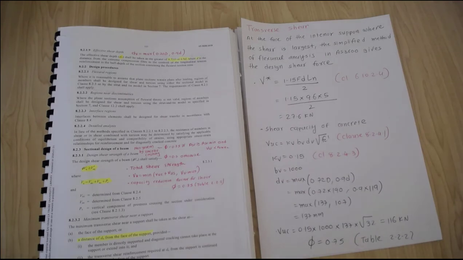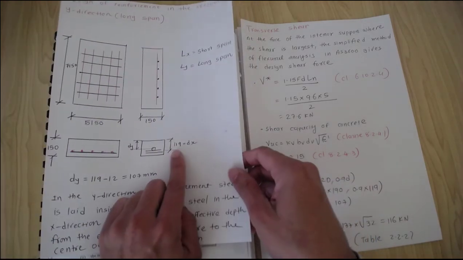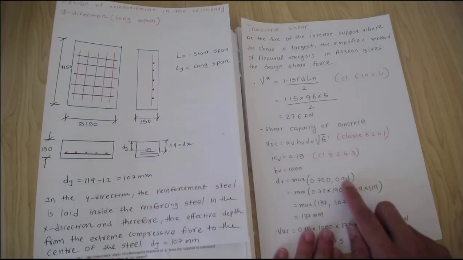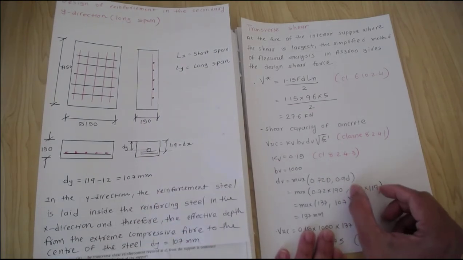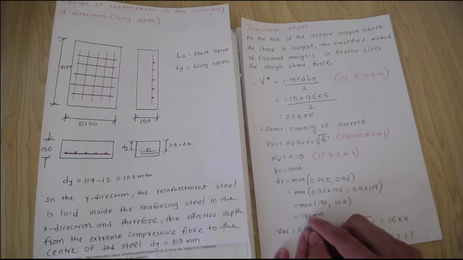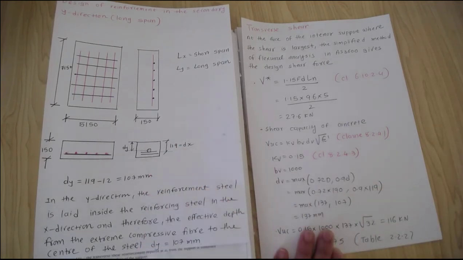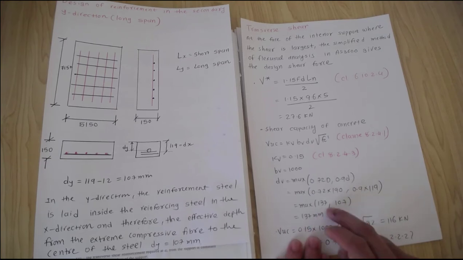We have two D values; if you remember, in our calculations we found two different D values, 119 in the dx and 107 in the dy. For conservatism, we will take 119, because these parameters will not control the maximum dv; it will be controlled by this one. So regardless, we will use the maximum value here. Instead of 107, we can use 119. So 0.9 times 119 gives me 107, and the maximum would be 137.